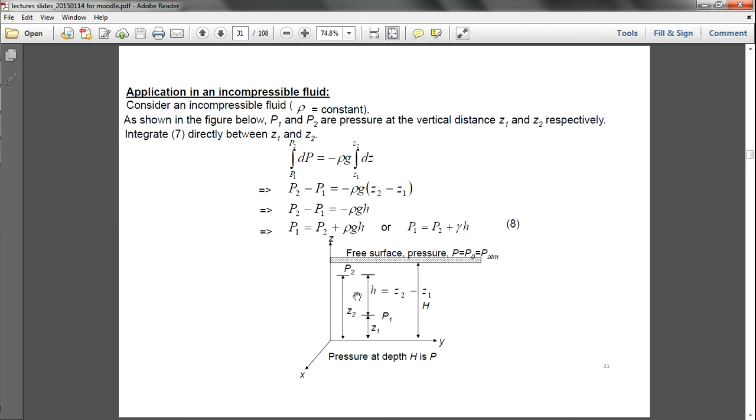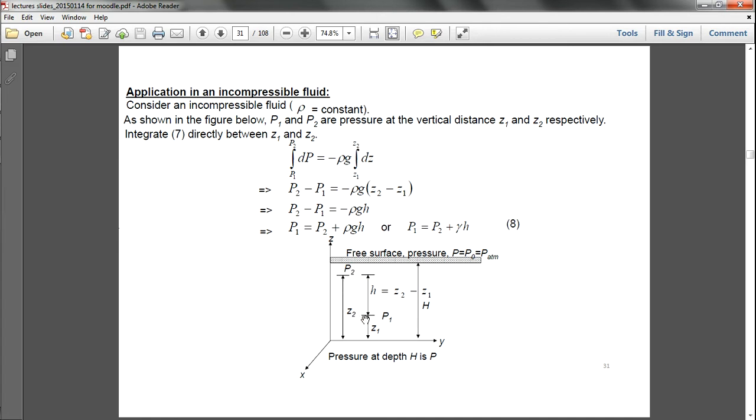You're trying to find h, so typically z2 minus z1 gives you h. So you're trying to integrate from z1 position to z2 position. You're just trying to formulate an equation.